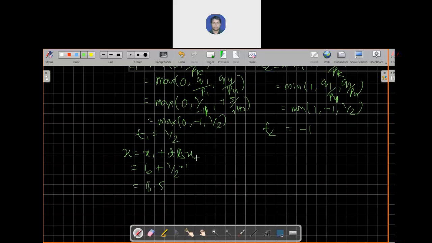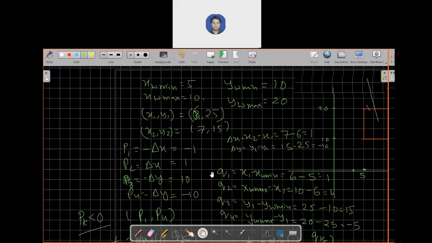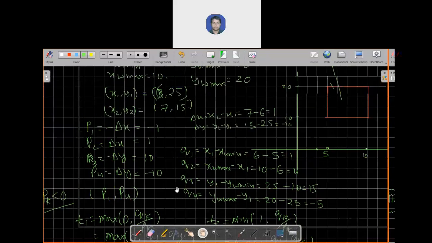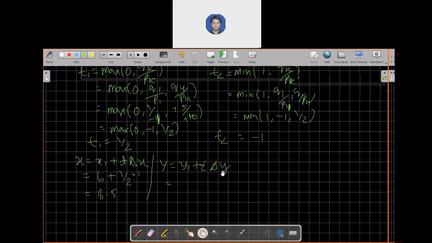In the same way, find the y intersect point: y1 plus t into delta y. y1 is 25 and delta y equals minus 10.